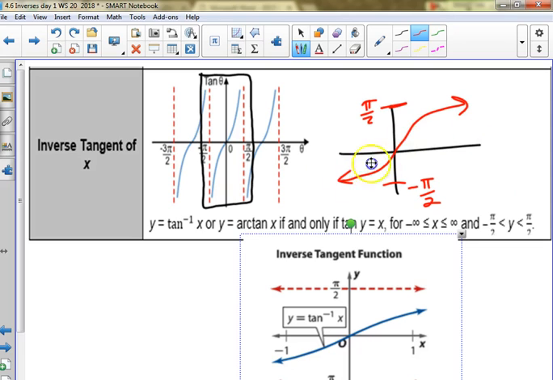This has a domain of all real numbers, yes? Because the tangent can be anything. The inverse tangent can be found of any number. Do you remember we talked about it as slope? The slope can get really steep, right? Doesn't have to stay less than 1. The graph had arrows here, even though this one didn't. So arctangent we can find of any number, but the answers will all be between what two numbers?